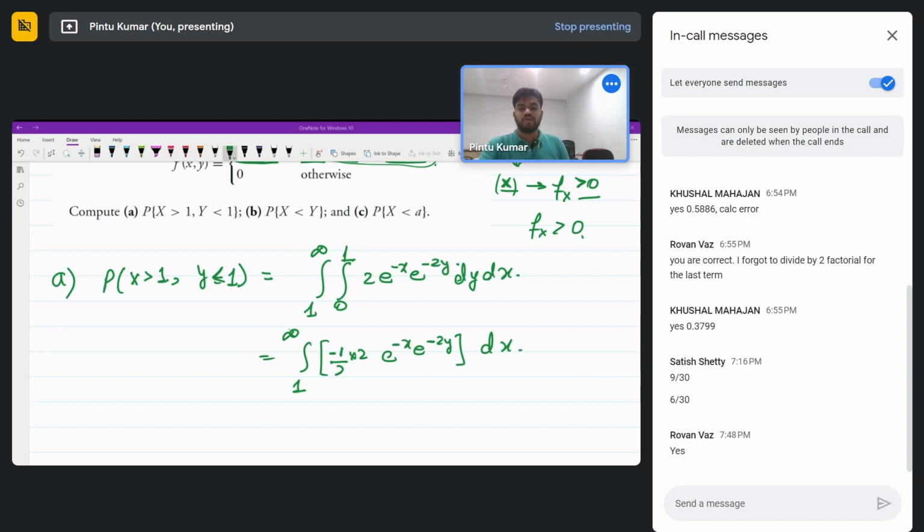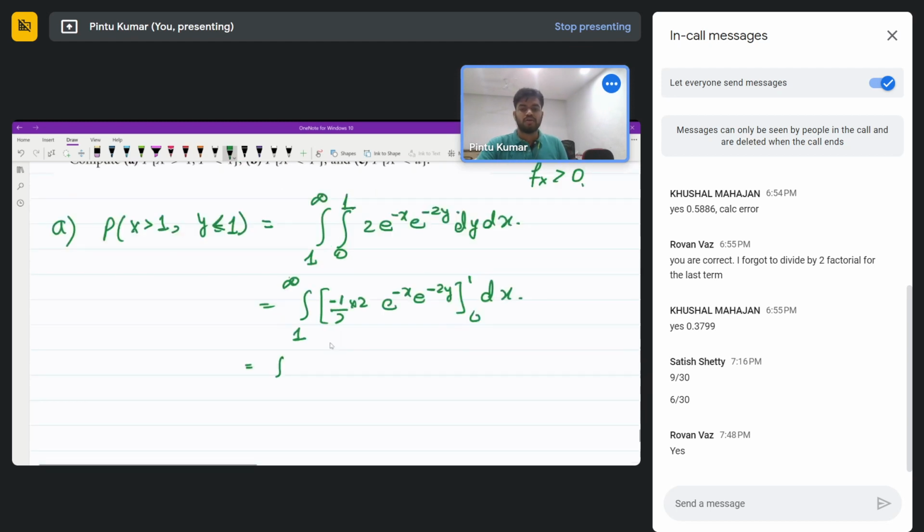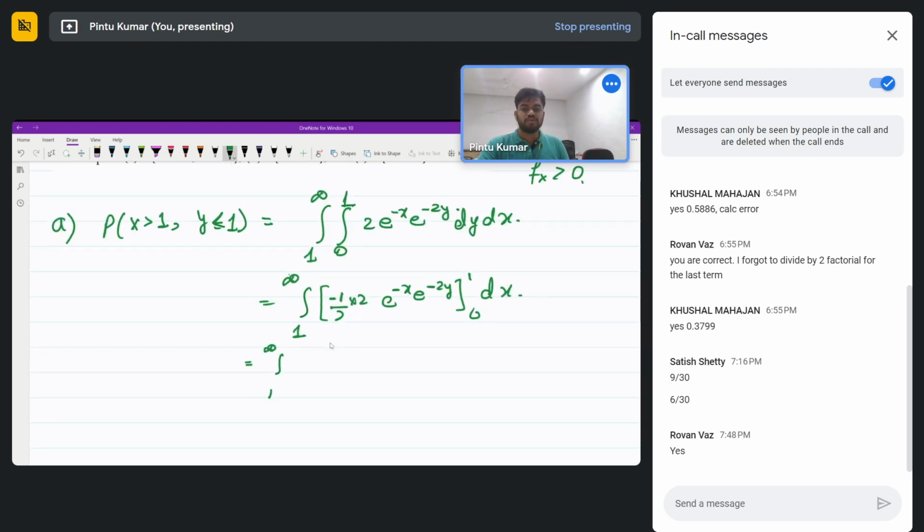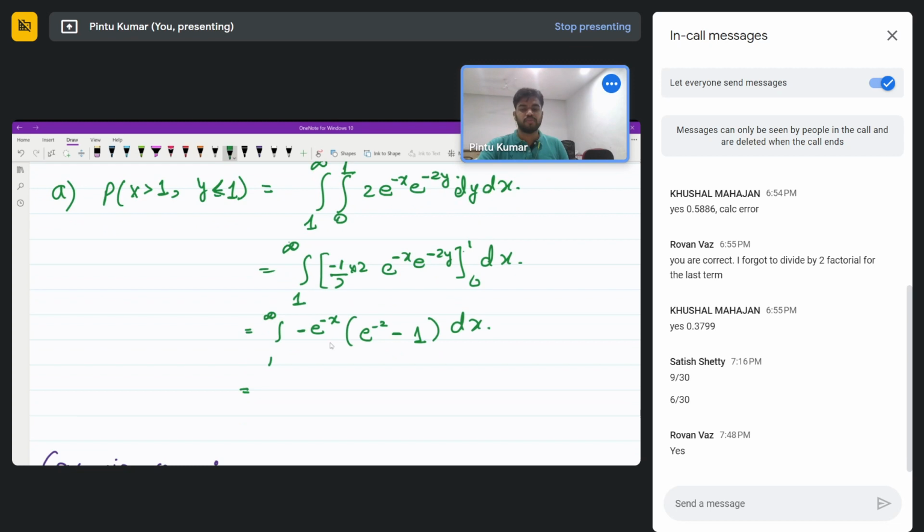So we can put the values now, from 0 to 1. So we get, for x from 1 to infinity, minus e to the power minus x. If we put 1 over here, we get e to the power minus 2, and then we get minus 1, right? Now this is dx, so we can take this term outside.